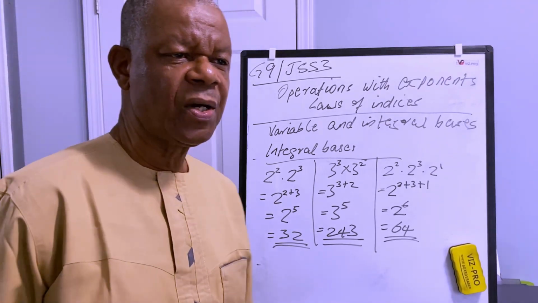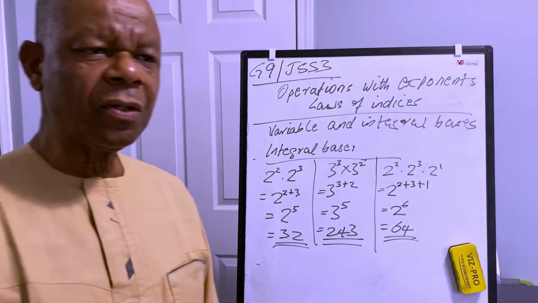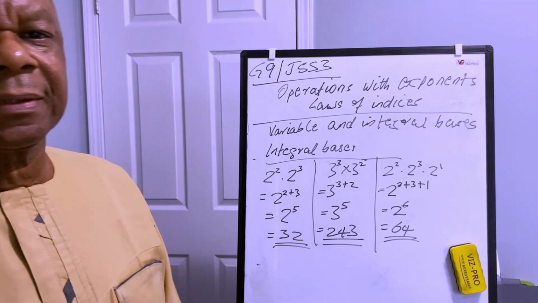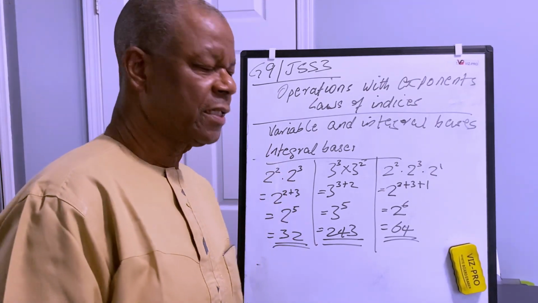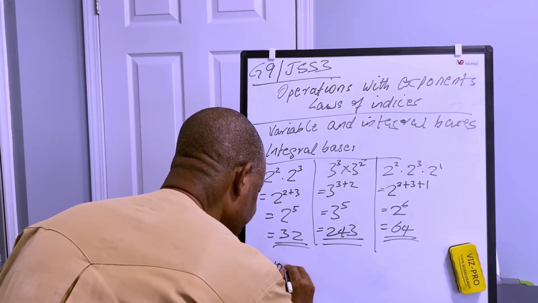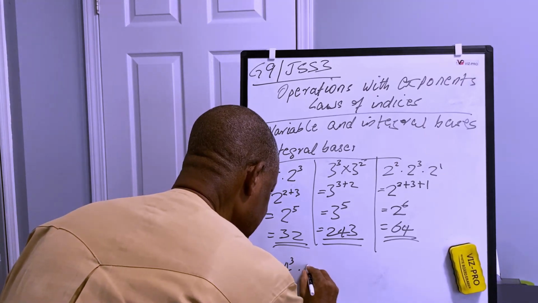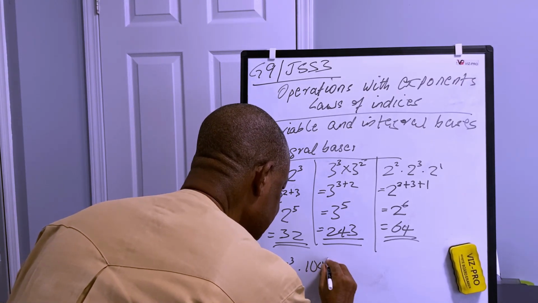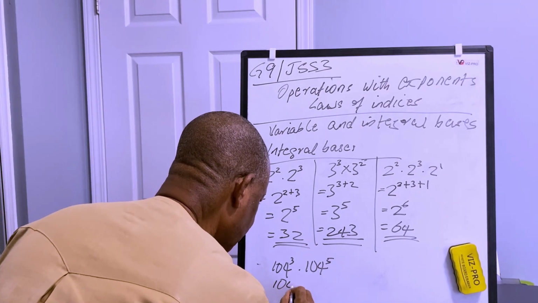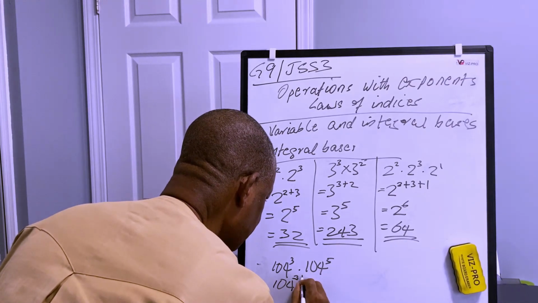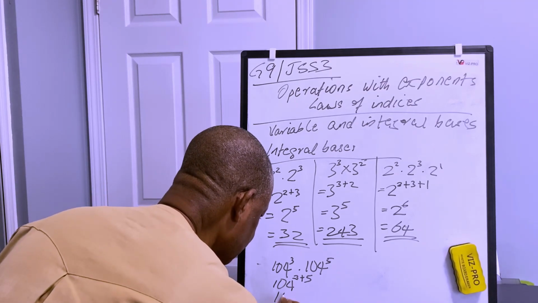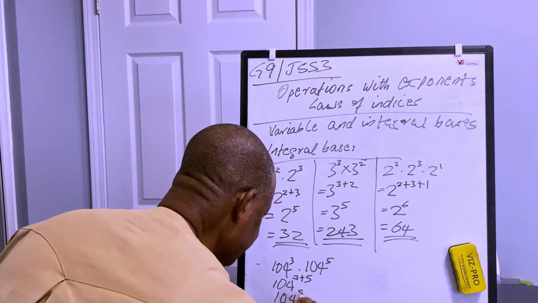There are situations where the value of the number will be very voluminous, so you may not need to continue. For example, if we are expected to solve 104 raised to power 3 times 104 raised to power 5, this is 104 raised to power 3 plus 5, resulting in 104 raised to power 8.